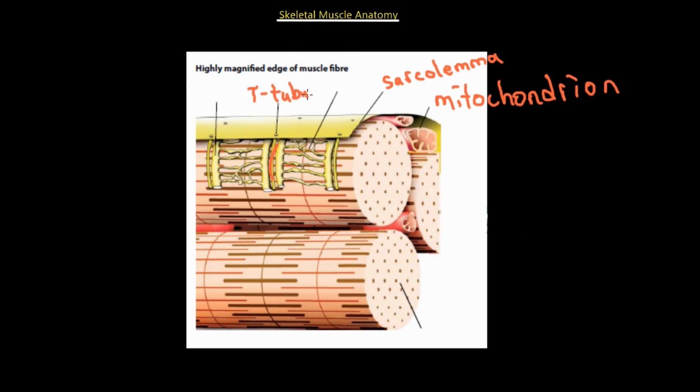You will see that the T-tubule is very important in terms of muscle contraction, and we're going to go over the physiology of that as well. Also, this little mesh in between the T-tubules is called the sarcoplasmic reticulum.